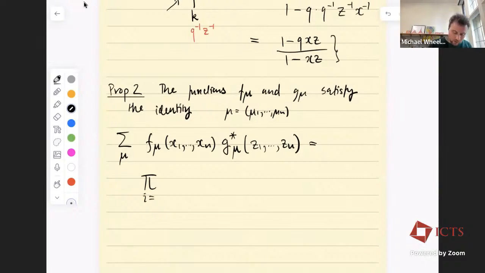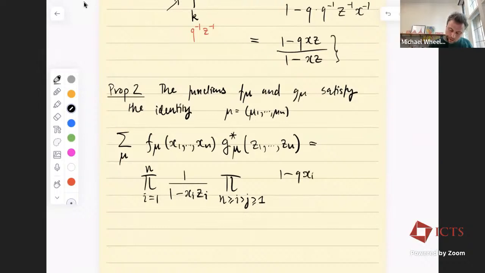So I have the product from i equals 1 up to n of 1 minus xi zi, and then a second product. But this one is of a triangular form. So it's over all i greater than j of 1 minus q xi zj over 1 minus xi zj.